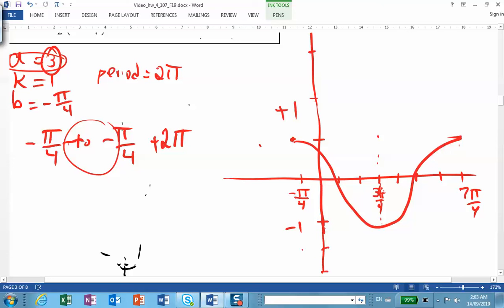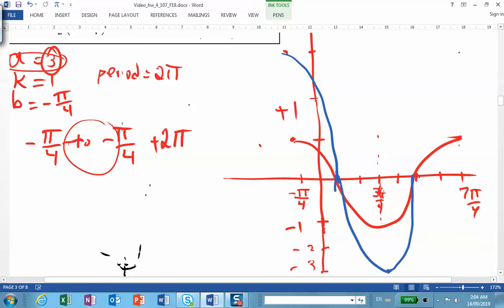So I have to take this and stretch it in the vertical direction. Let me do it with a different color. So it has to go to 0 there, and it has to go to minus 3 over here, and it has to go to 0 at that location, and then it has to go to 3 right up there.